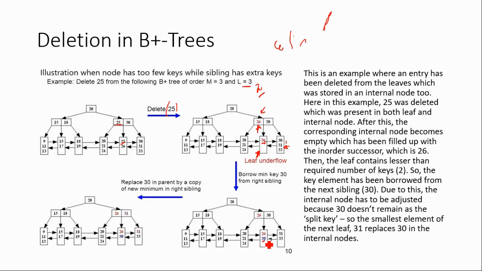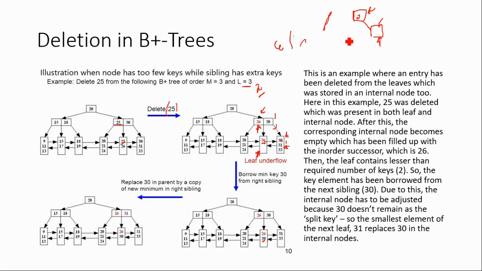But here, as we have seen, the redundant key which we store in the internal node is the smallest element of the right child. And here you see that after shifting 30 to this node, initially when 30 was there in the internal node, its right child contained this node, and its smallest element was also 30.